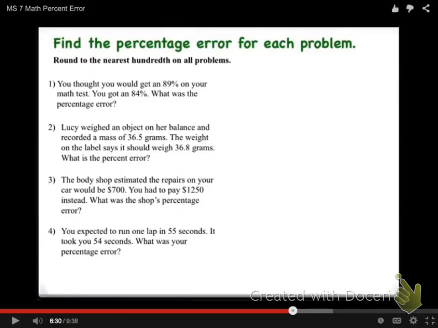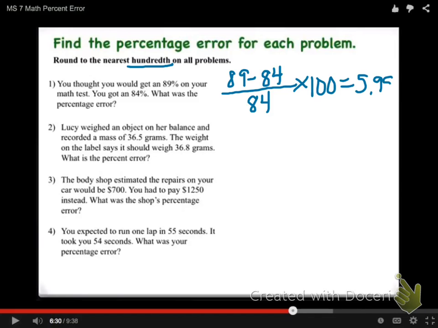So your estimate of 89 minus the actual of 84 divided by the actual times 100 will give you your percent error. So we get 5 divided by 84. When you multiply that by 100 and round it to the nearest hundredth of a place, because that's what it asks for here, we will record our answer as 5.95% for our percent error.